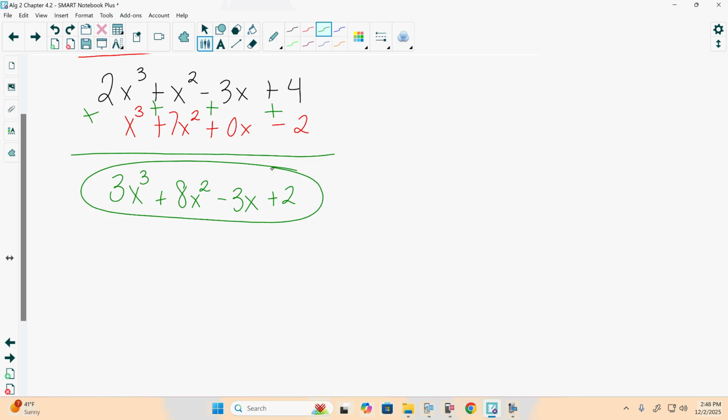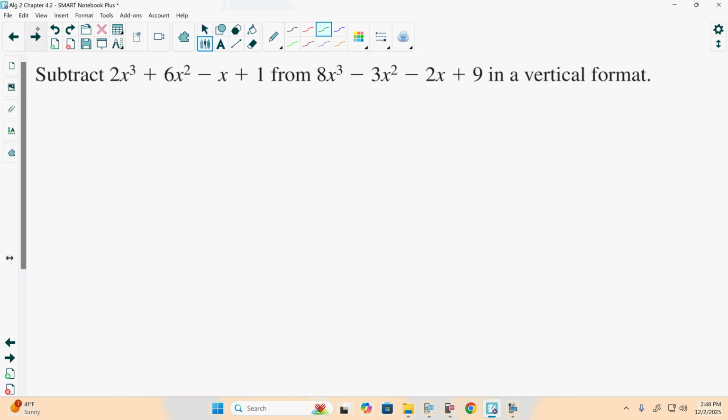Questions on this here? Do we feel comfortable with adding two polynomial expressions together? Yes. Do we need to see another example of addition? No? Okay. If we feel good with this here, we'll move on to subtraction.